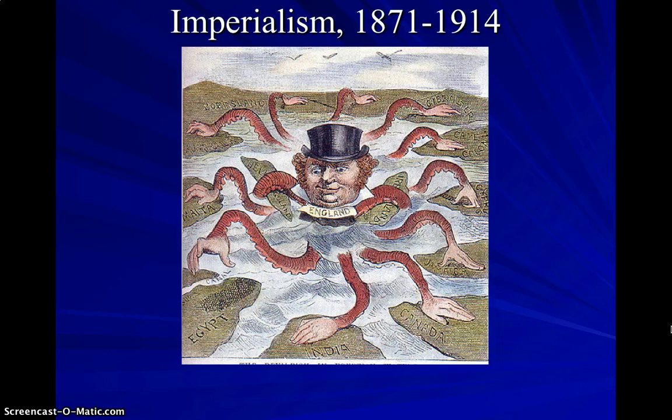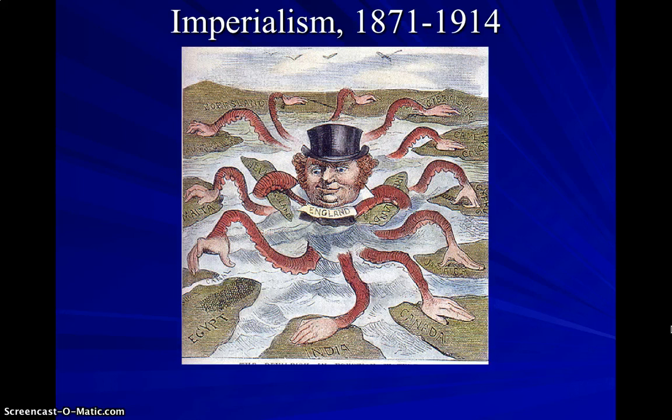You also have the idea that this individual here representing England has a top hat, which is going to be synonymous with both European power but also capitalism as well. And of course, the individual is relatively plump, so one would assume from this image that the plumpness comes from siphoning things off from these other countries.